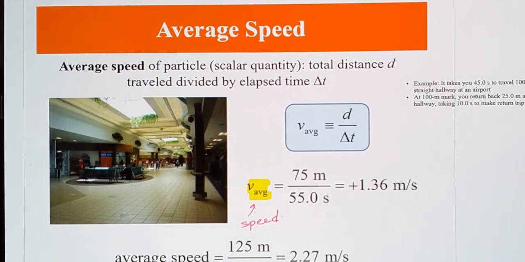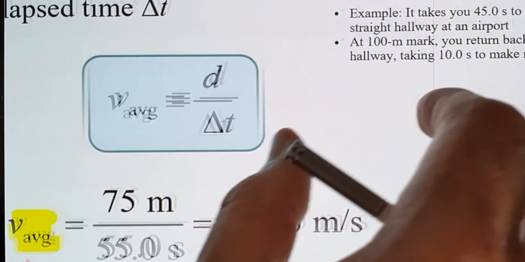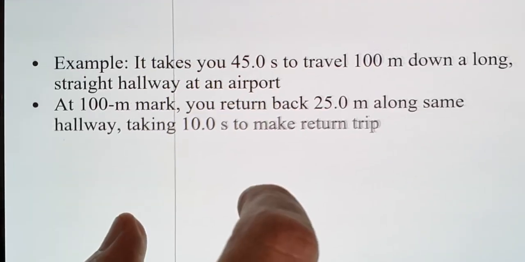We were talking about average velocity. Now let's talk about average speed. Here is the example. Let me enlarge it so you can read it.